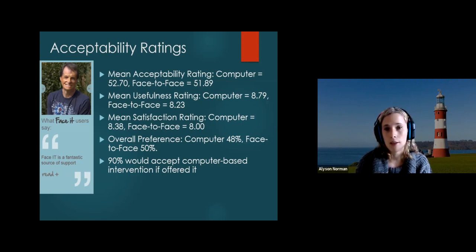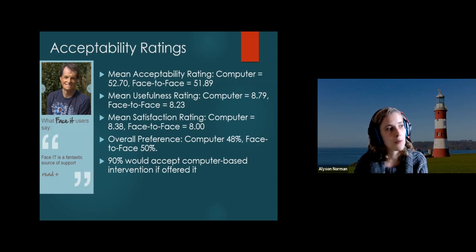It wasn't necessarily the case that individuals chose the group they had been put in. For example, it was a fairly even split among those that did the FaceIT program as to whether they would have preferred to do face-to-face instead, or were more happy doing the online. And a similar thing seemed to be the case for the face-to-face group.